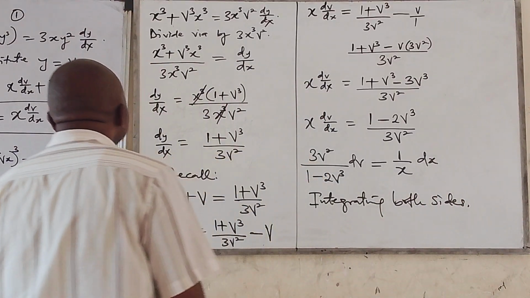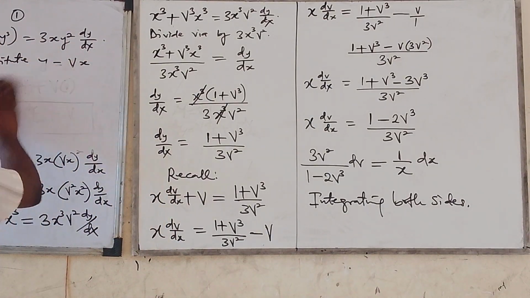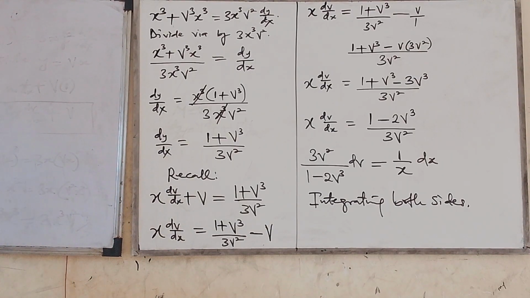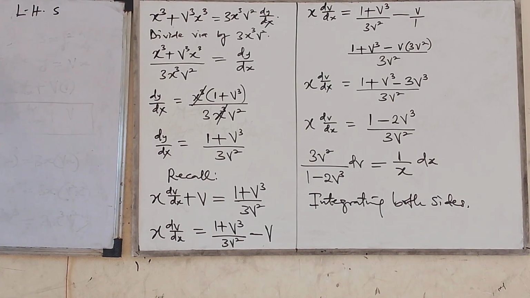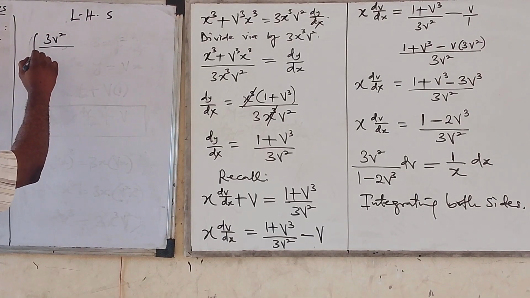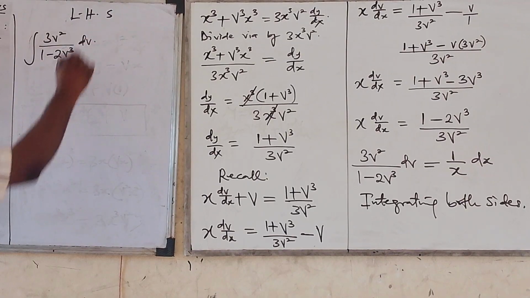So integrating both sides. So now let's look at, first of all, the left-hand side. So for the left-hand side, we have the integral of 3v squared all over 1 minus 2v raised to the power of 3 dv.